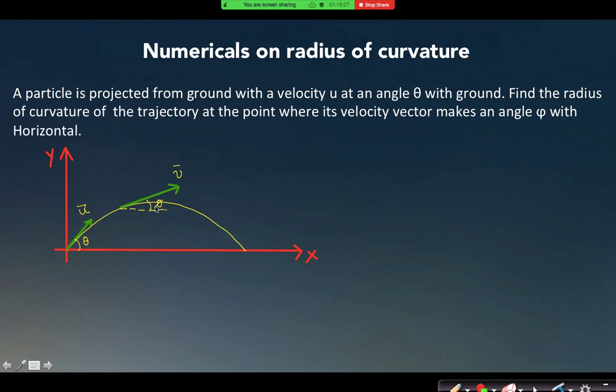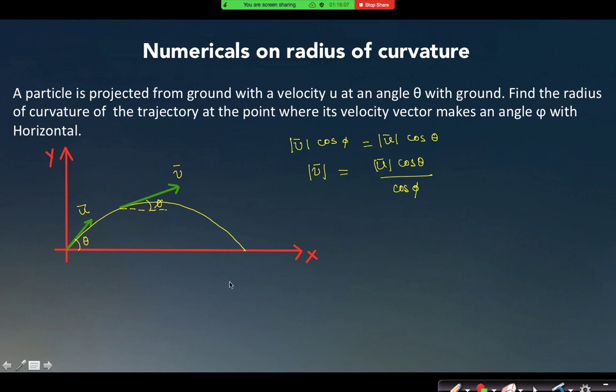According to the equations of projectile motion, the horizontal components of the velocities are always the same. So I can say mod v cos phi is equal to mod u cos theta. So the magnitude of the velocity is mod v equals mod u cos theta by cos phi.